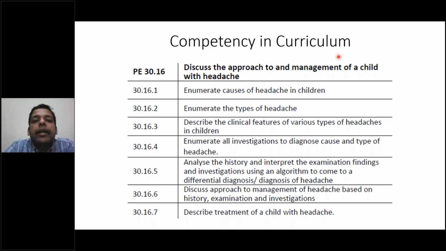This has been further divided into enumerating the causes, enumerating the types, describing the clinical features of the various types, enumerating all the investigations, and being able to analyze the history and interpret examination findings in order to lead to a differential diagnosis for headaches. We should be able to discuss the approach to the management, and describe the treatment of headaches in children.